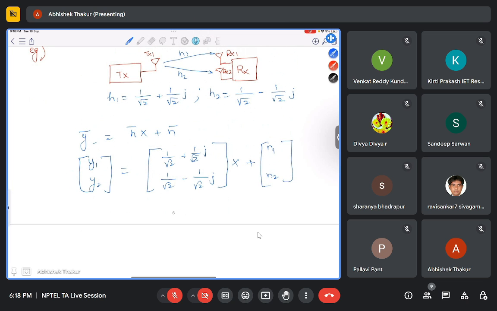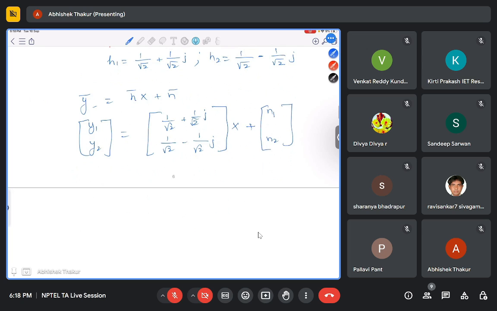Now the noise power: let's suppose sigma 1 square or sigma 2 square is equal to half. So here we can directly write the value as half.